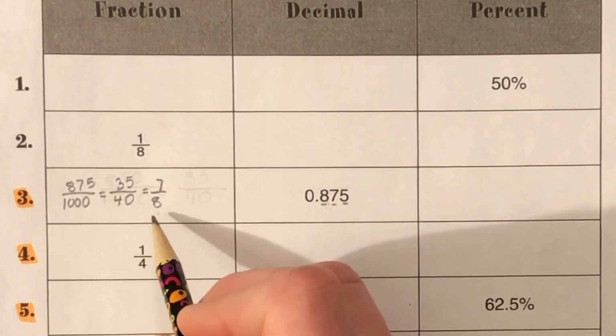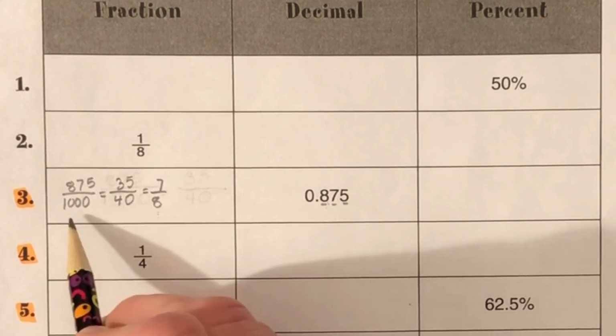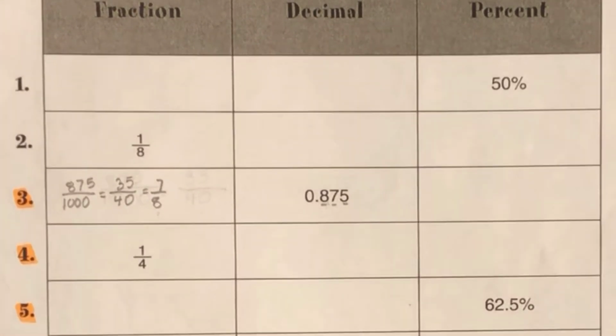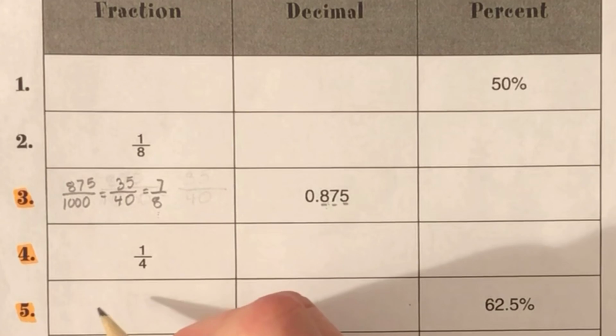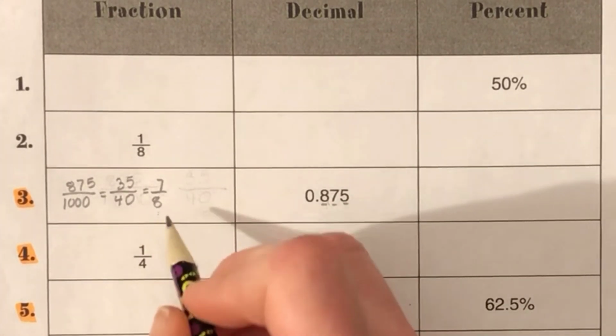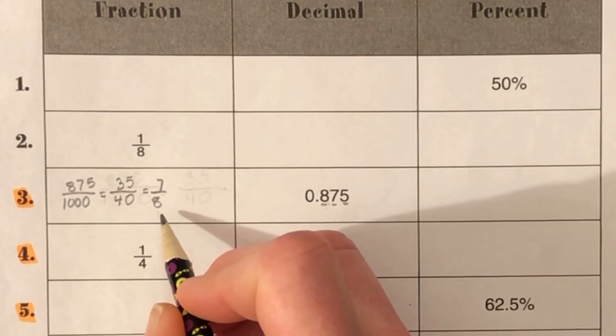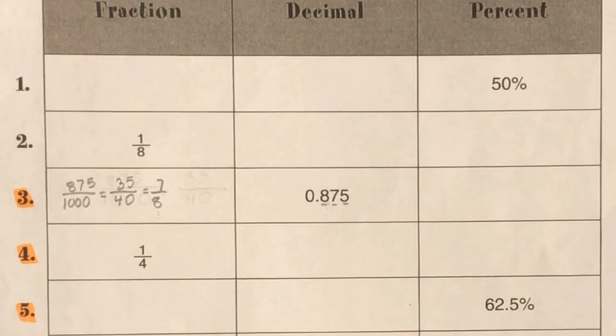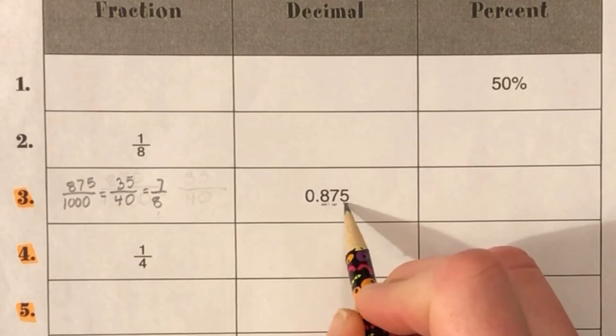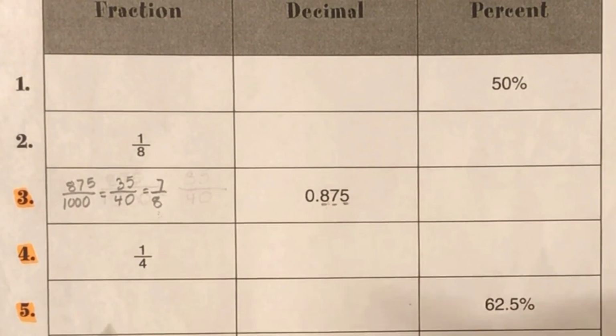Yeah, I ate 7/8 of the pizza. Yeah, I ate 875 1/1000ths of the pizza. That's why we reduce fractions. We make it as concrete and visual as possible. 875 thousandths. Percents are hundredths.